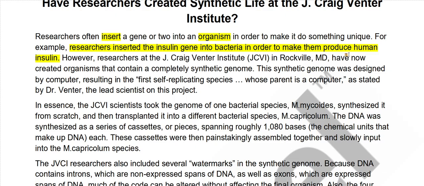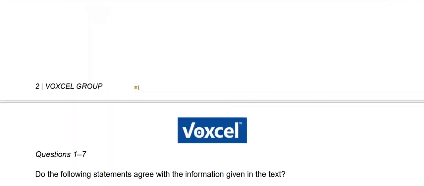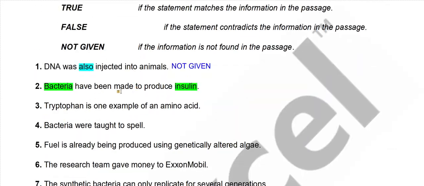Meaning to say, we are making them do this. We are forcing them to produce insulin by inserting particular genes in them. Otherwise, they would not have done so. So have been made, yes, they have been made, we were forcing them, so I'll say this answer should be true.